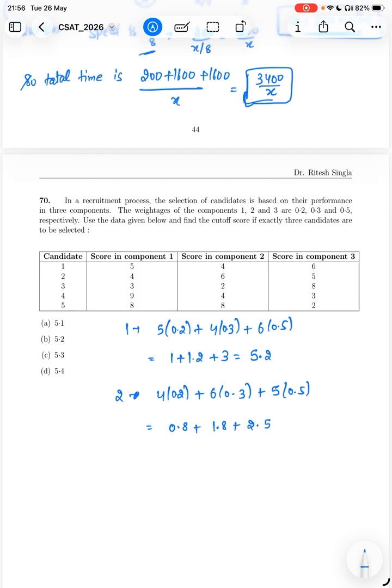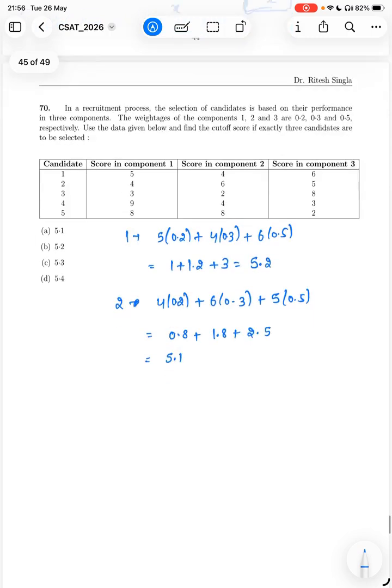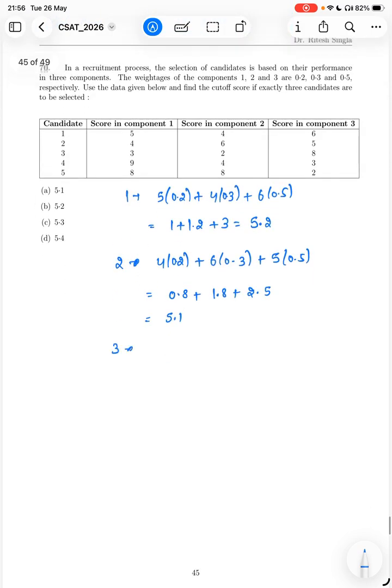So 2.6 plus 2.5, which is 5.1. Candidate 3, it will be 3 times 0.2 plus 2 times 0.3 plus 8 times 0.5. It will be 0.6 plus 0.6 plus 4, which is again 5.2.